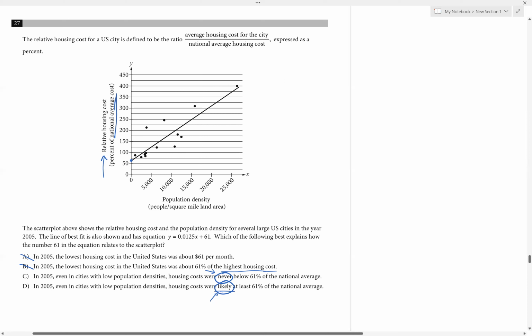We're going to say it's likely at least 61% instead of never going below 61%. Unless we have the numbers for all the houses in the city, we don't know for sure that it's never going to go below. So that's why D is actually the better answer for this question.